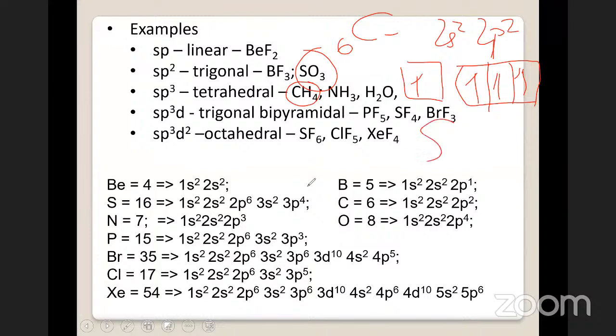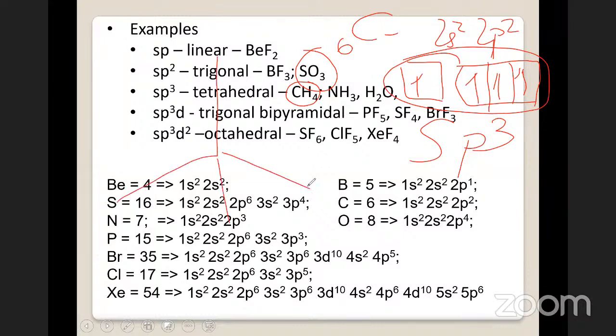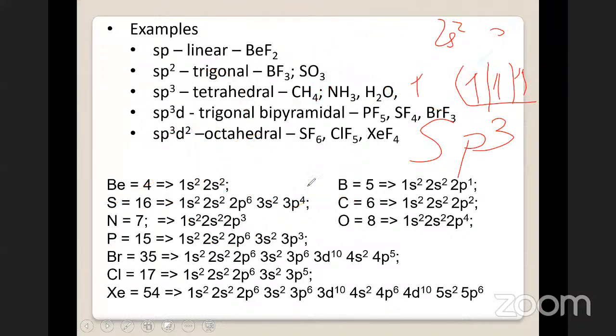So you now have an sp3 hybridized orbital, and that will give you a tetrahedral structure, carbon being at the center, and that is your hybridized molecule. And you have that tetrahedral structure, and you can then have your hydrogen attached to the tetrahedral structure.